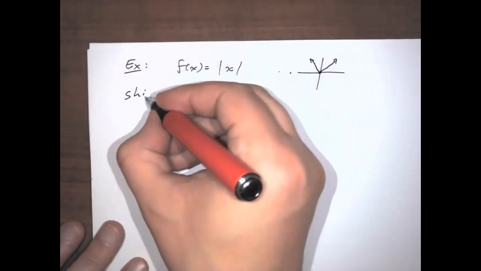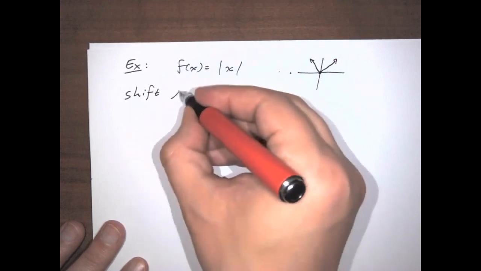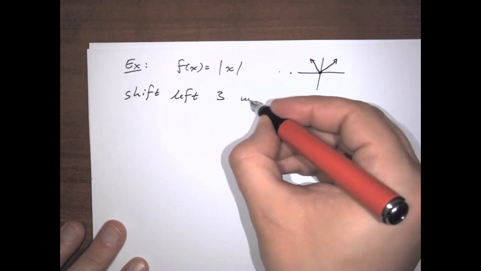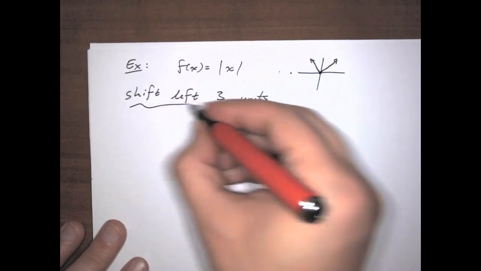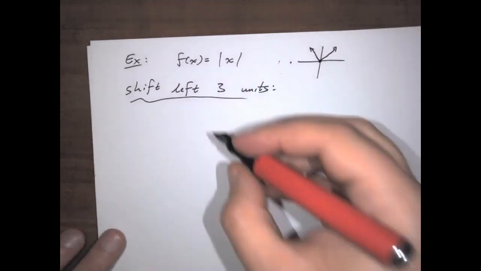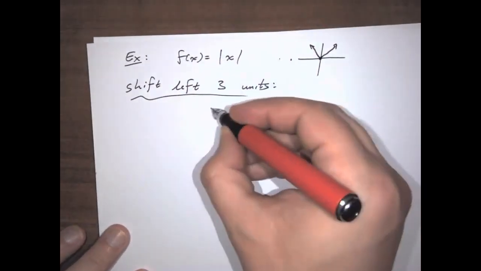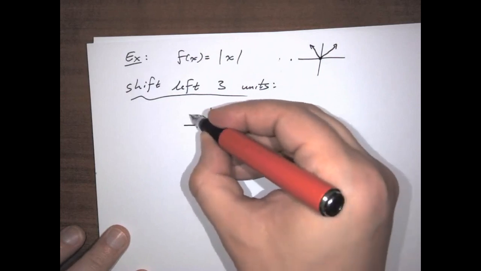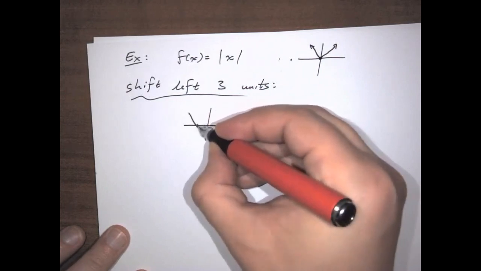So if we want to shift, let's say, left 3 units, just as a random example. It's easier to tell what the graph of that should look like than it is sometimes to go straight to the formula.